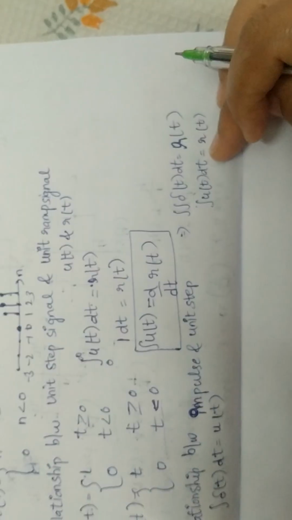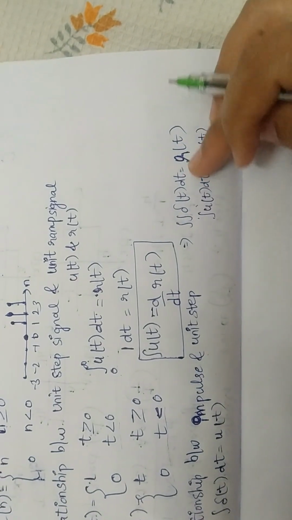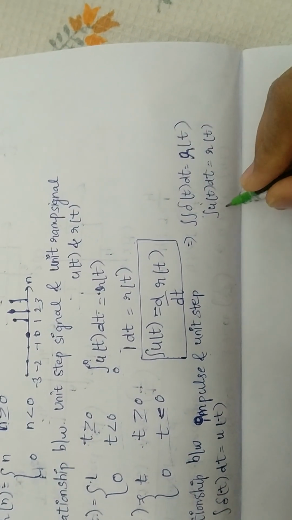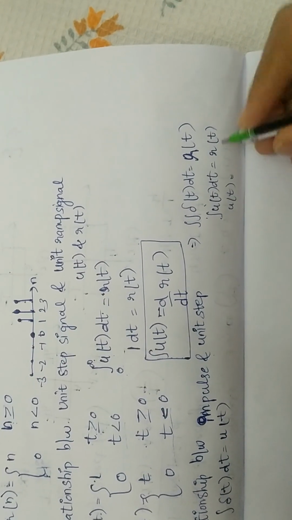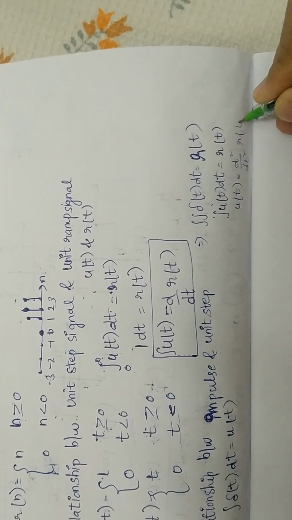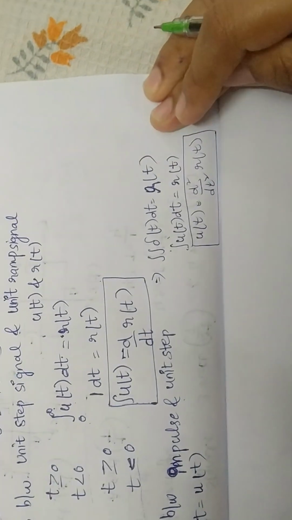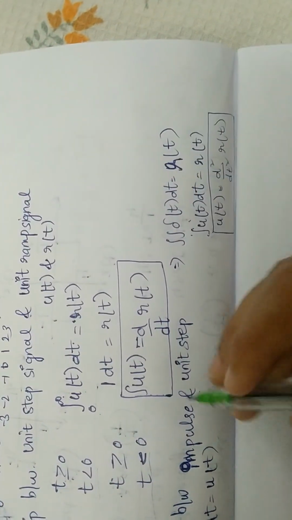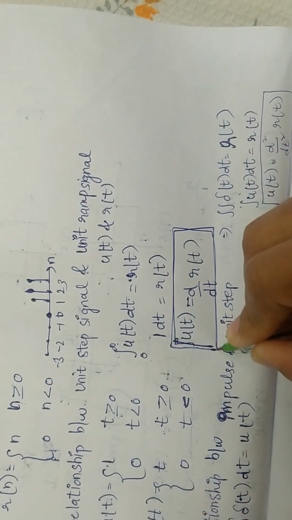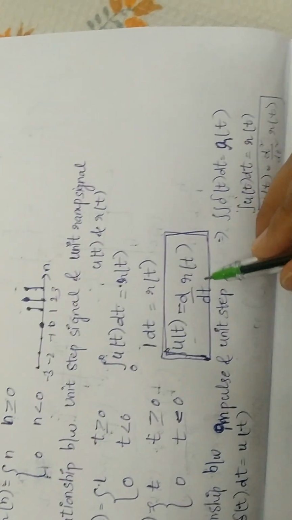Then the integration applies through the relationship between the impulse function and the unit ramp signal r of t. So what is the value of del of t here? d square by dt square of r of t. This is the answer for the relationship between the unit ramp signal and the unit step signal.